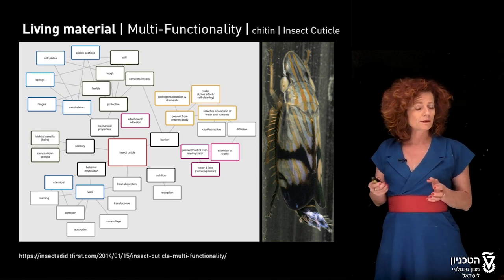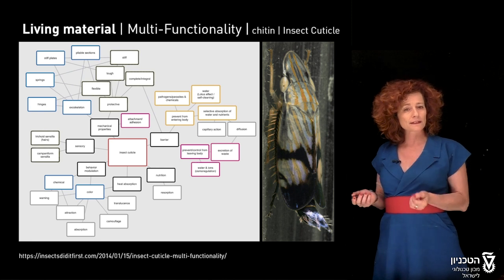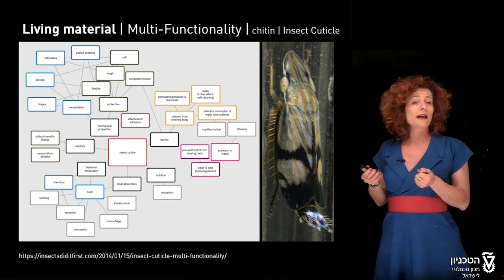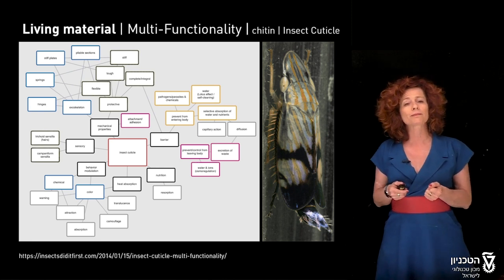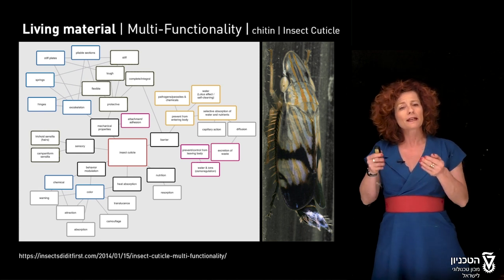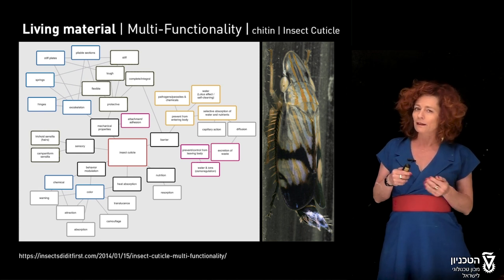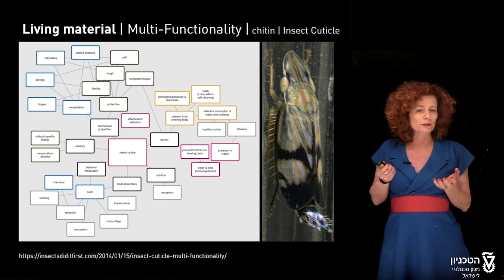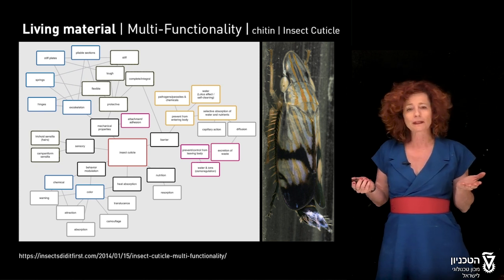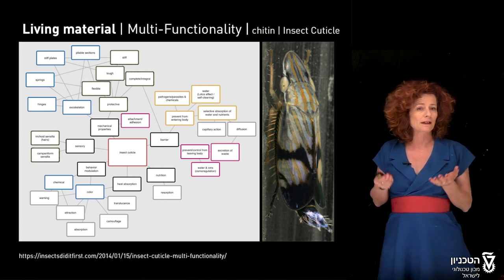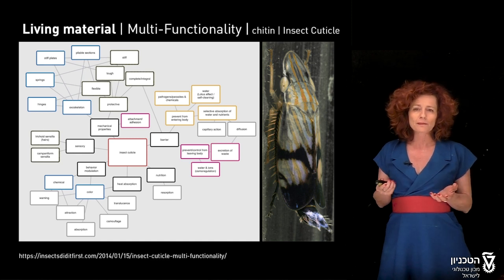Imagine a material or a system that would at the same time be the skin and the bones, because it's not only the protective barrier of the insect, keeping inside what should be inside, like minerals or water, and outside what should be kept outside, like enemies, pathogens, chemicals that would harm the insect.